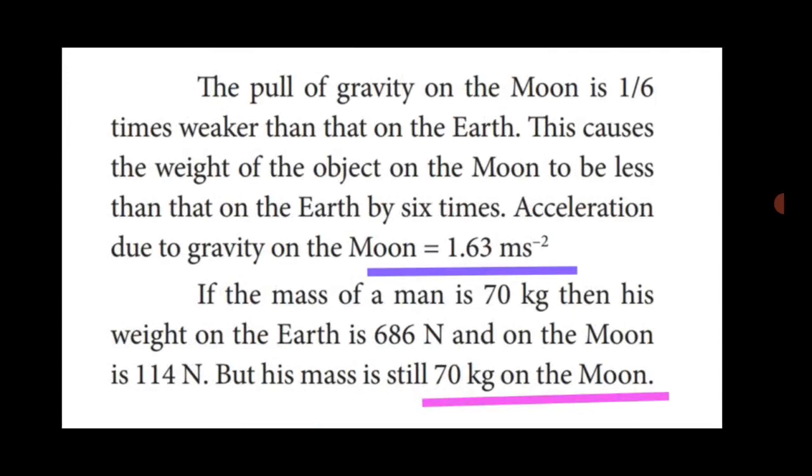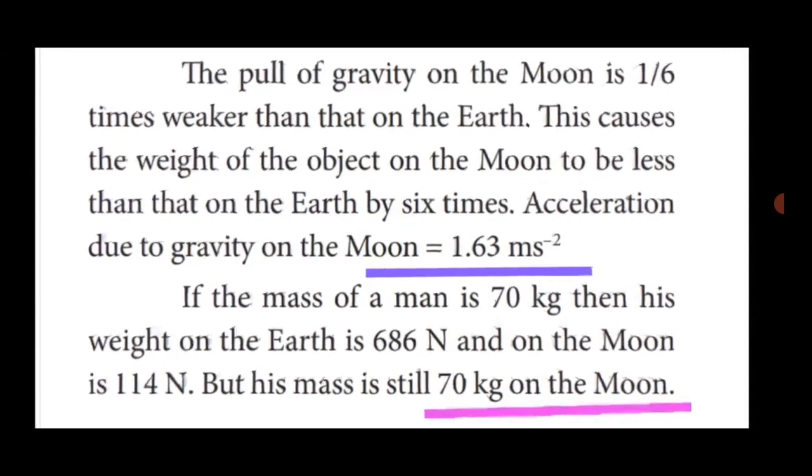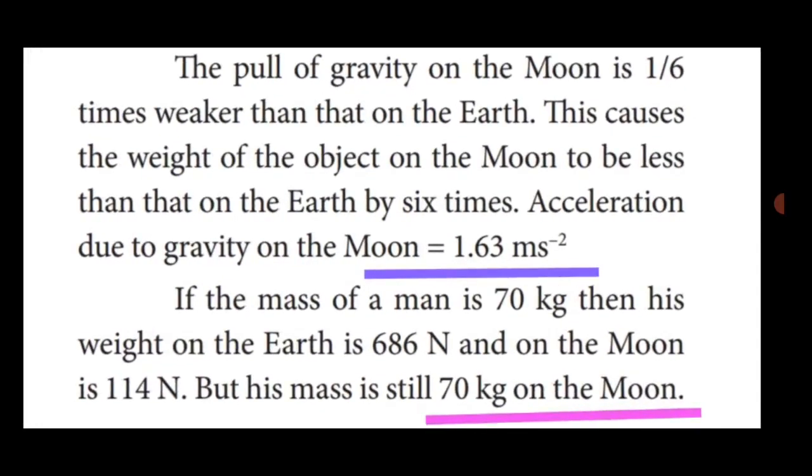The pull of gravity on the moon is 1/6 times weaker than that of the earth. This causes the weight of an object on the moon to be 6 times less than that on the earth. The acceleration due to gravity on the moon is 1.63 meter second minus 2.